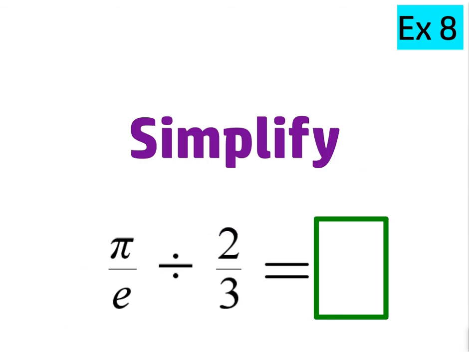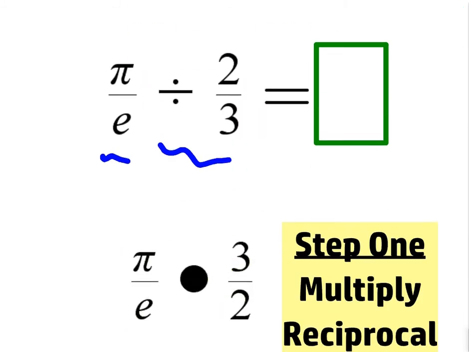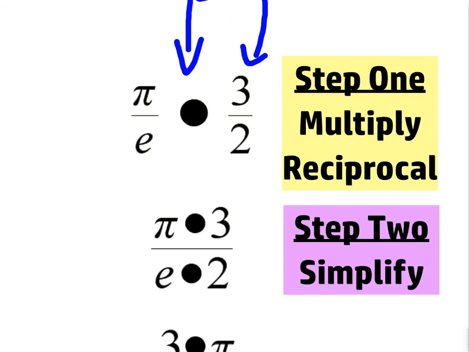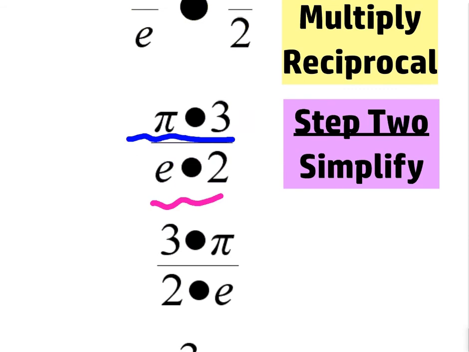Alright, let's take a look at this one together. We have pi over e divided by 2 over 3. We're going to keep the first, change this to multiply, flip the second, multiply straight across. Sorry, pi times 3 on top, e times 2 on the bottom. And remember, the constants always come out first.